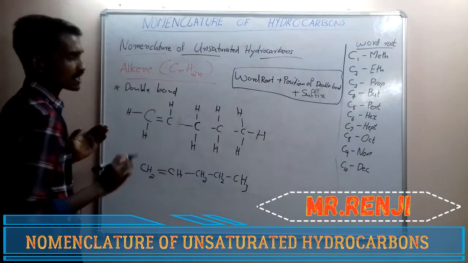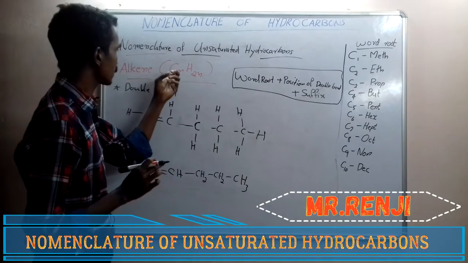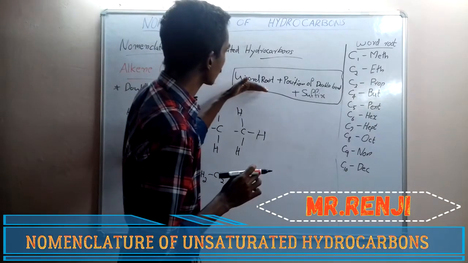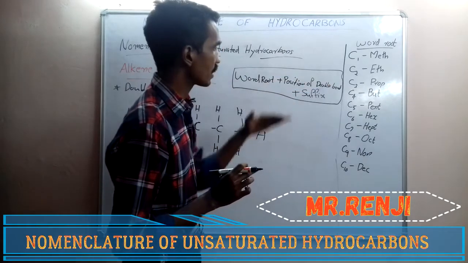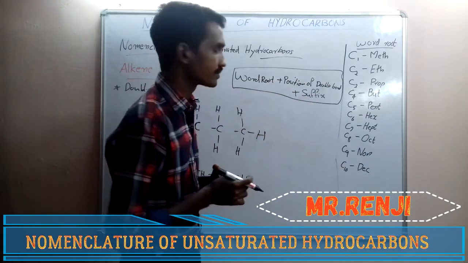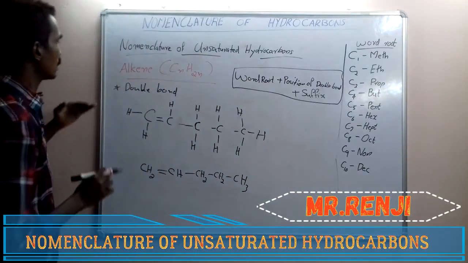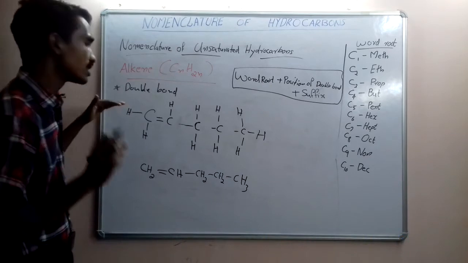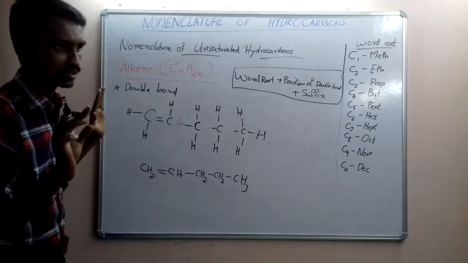First alkene, the general formula CnH2n. First write the word root and position of double bond, then the suffix. In an alkene at least one double bond is present.